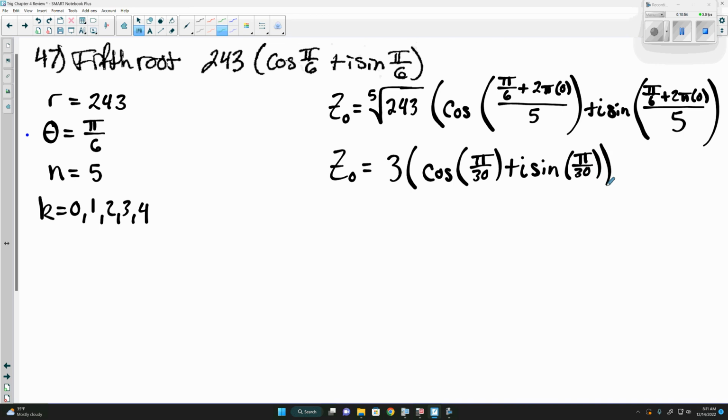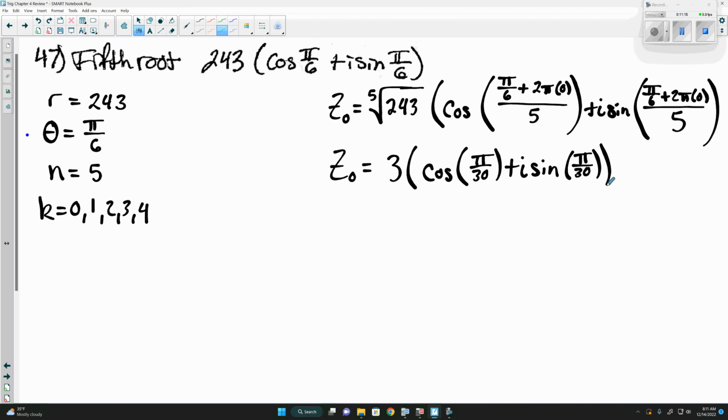And we have this here. Now, normally at this point, especially on the homework, we would see what cosine of pi over 30, sine of pi over 30 is as a decimal, multiply it by 3, and we'd get our answer. But for the test, I'm not going to make y'all do that for each and every single one. This here is the answer for z0, for our first root.